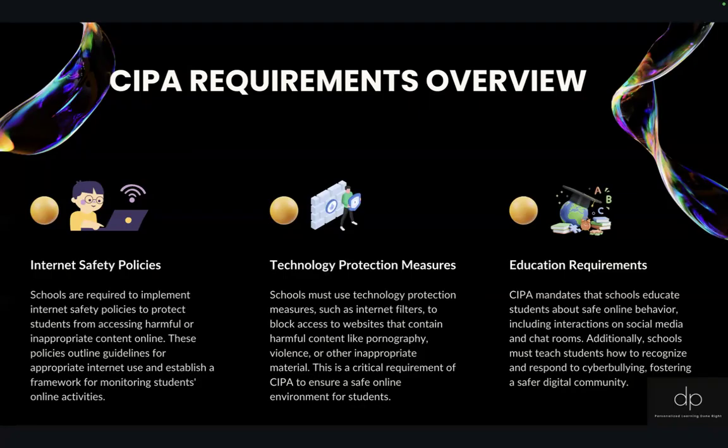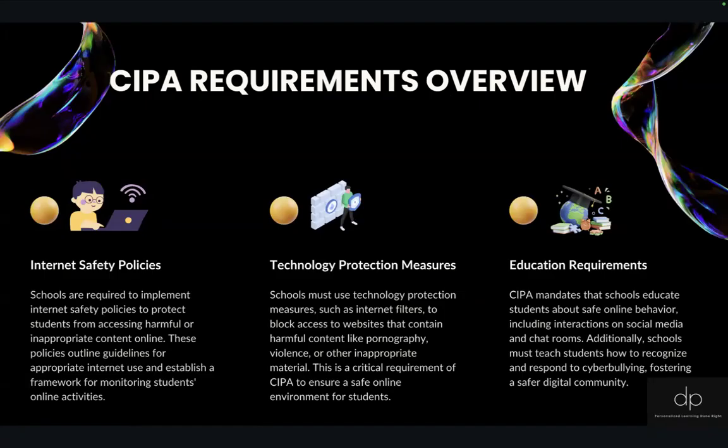These policies outline guidelines for appropriate internet use and establish a framework for monitoring students' online activities. Obviously, we cannot block every single website that may be harmful to students, so that's where the teachers come in. They need to be monitoring students' interactions online and making sure that they are using their iPads appropriately.